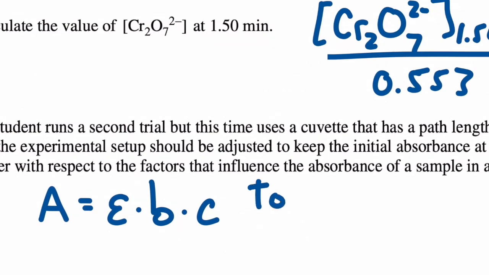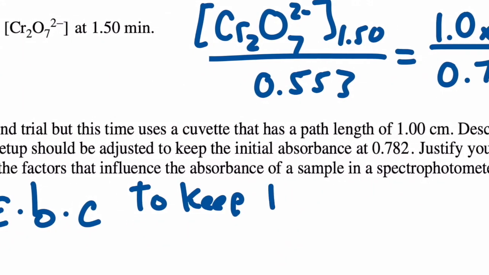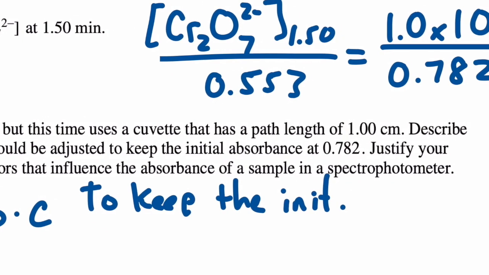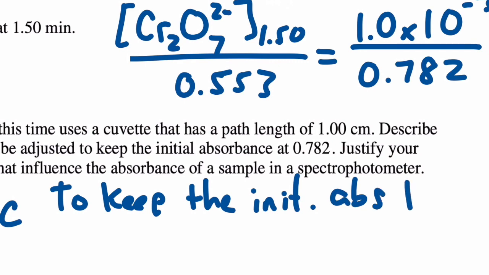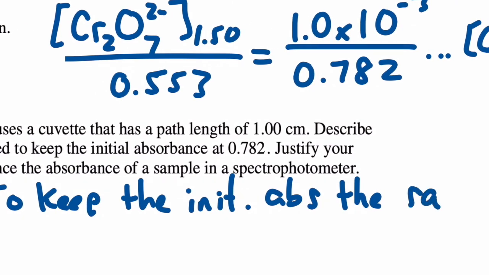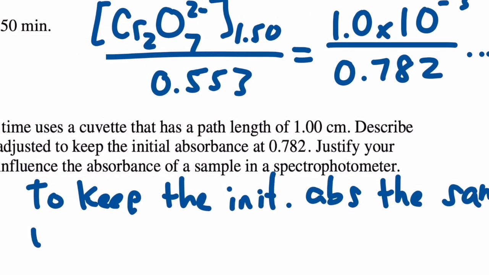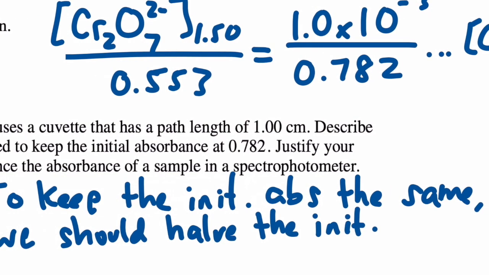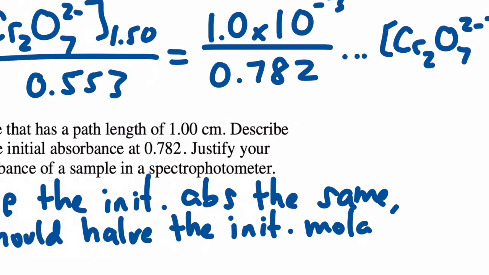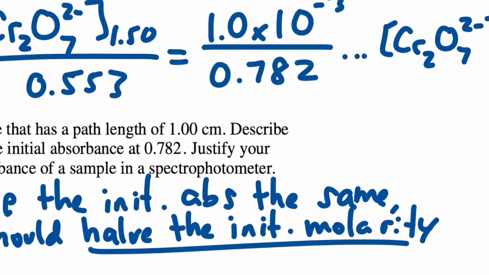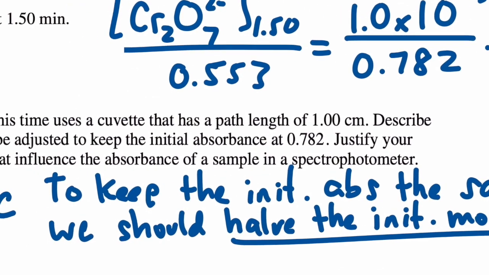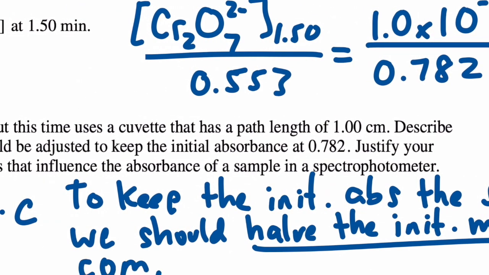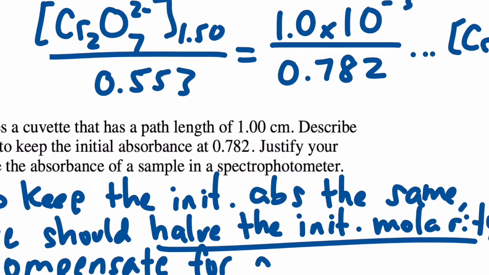So to keep the initial absorbance the same, we should have the initial molarity cut in half to compensate for doubling the path length.